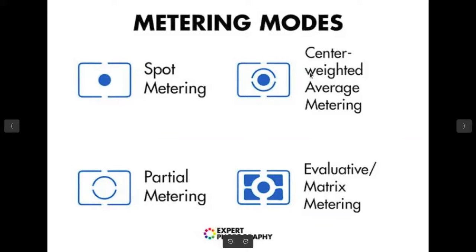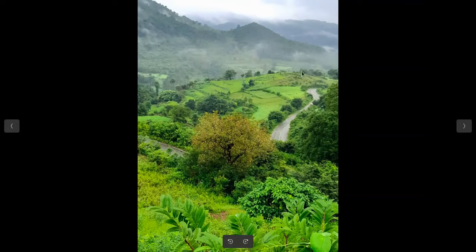What is center weighted or average metering? It will not decide upon a single point. It will be decided by the center point of the image, right? So if you are taking a photo with your mobile, or with your camera, and you are seeing through the viewfinder, exactly the middle of the frame, whatever contents are there, will be given more importance.